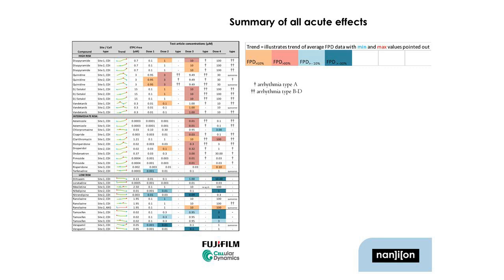So if the line goes up, this means there's a field potential duration prolongation. And this was seen in all of the trials here. For the intermediate risk compounds, most of the FPDs were prolonged. And for the low risk compounds, it's the opposite.